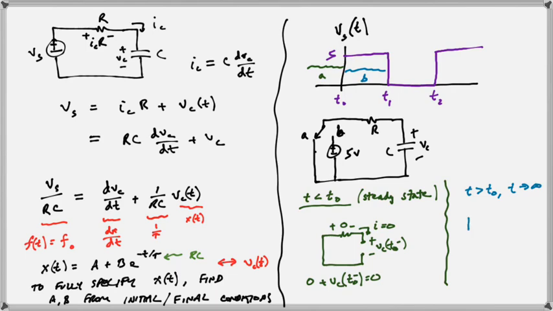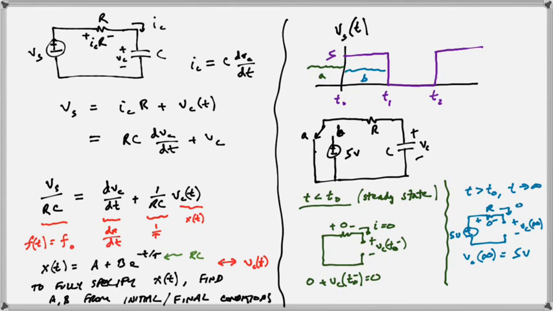So we've got the 5-volt source, and then we've got R, and in steady state the capacitor is again an open circuit. And this current here is 0, so this voltage has to be 0, so Vc of infinity has to be 5 volts. Okay, so that's great.